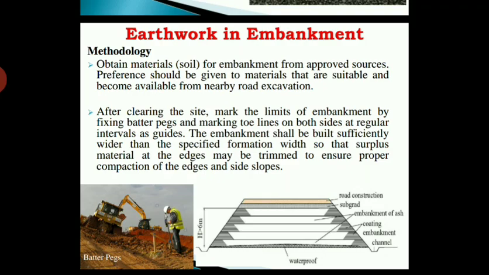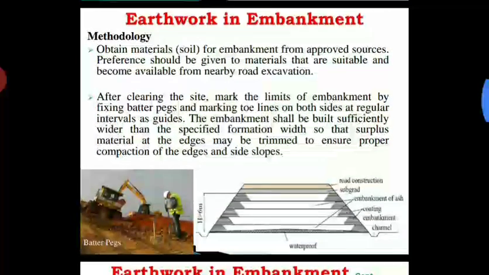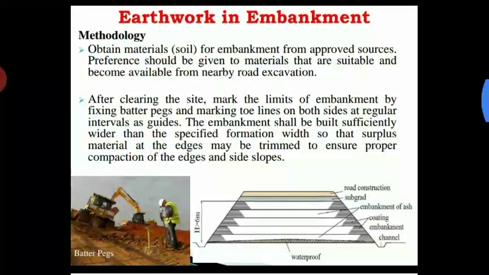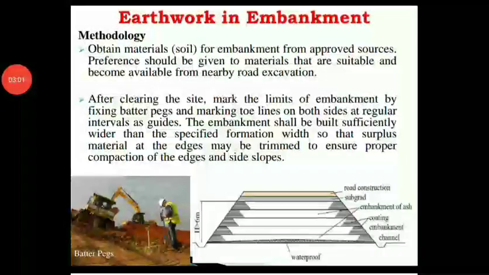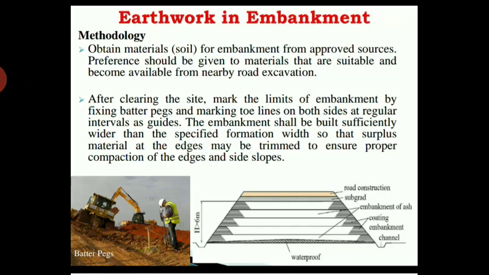So the main advantage of providing this embankment is that its level should be either upward than the top surface of the road, or it should be downwards from the surface course, because this embankment is going to give certain support to the top layer as well as the entire layers of the construction.